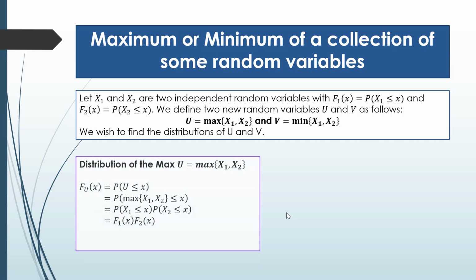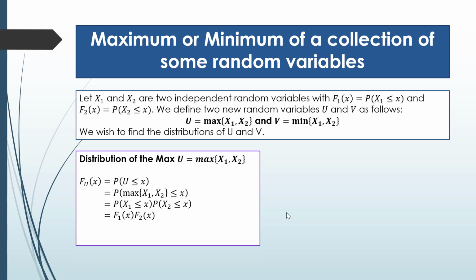So let's look at the maximum first. The distribution of the max U can be calculated using the CDF. So we start with the CDF of U. Capital F U of x is the probability that U is less than or equal to x. And U here is the maximum of x1 and x2, so we replace U by the maximum. So the probability that the maximum of x1, x2 is less than or equal to x. And to ensure that the maximum of x1 and x2 will be less than or equal to a value little x, both x1 and x2 should be less than or equal to x.